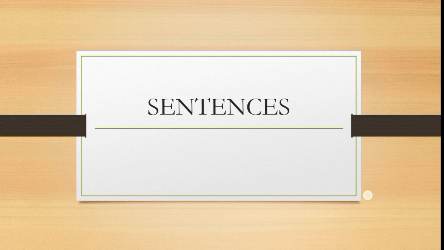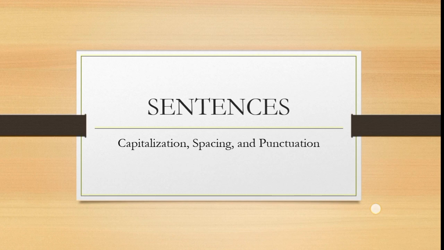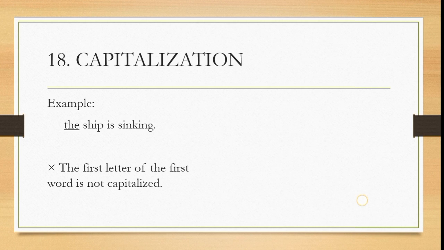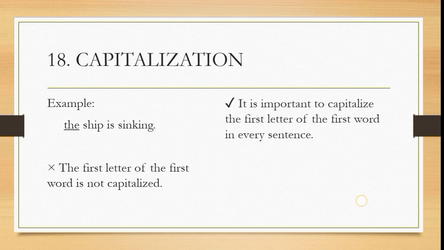Now, let's proceed with the mistakes in writing sentences: the capitalization, spacing, and punctuation. Let us start with capitalization. Example mistake, the ship is sinking. The sentence here is a mistake because the first letter of the first word is not capitalized, when it is important to capitalize the first letter of the first word in every sentence.